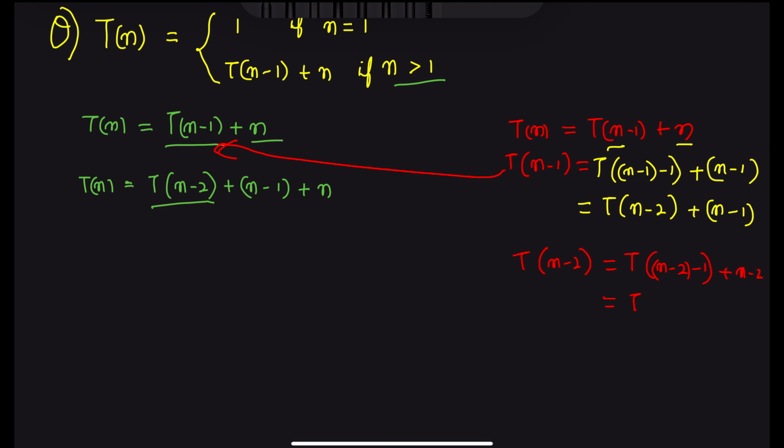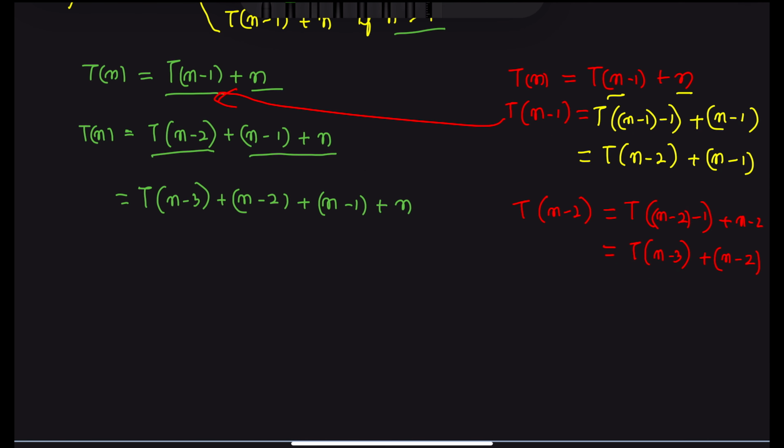We will have T(n-3) + (n-2). So we will substitute here. It will be equal to T(n-3) + (n-2), and these will come as they are, + (n-1) + n.